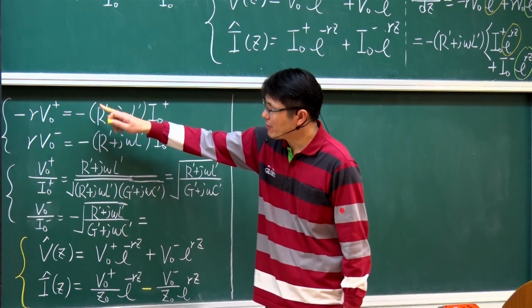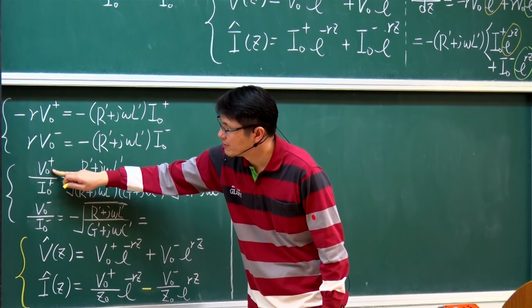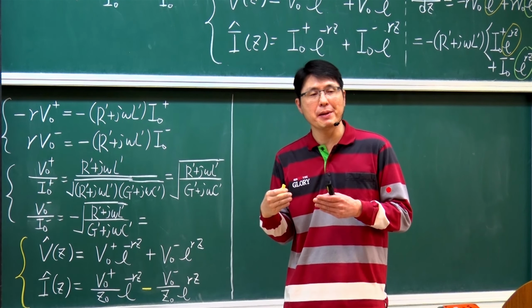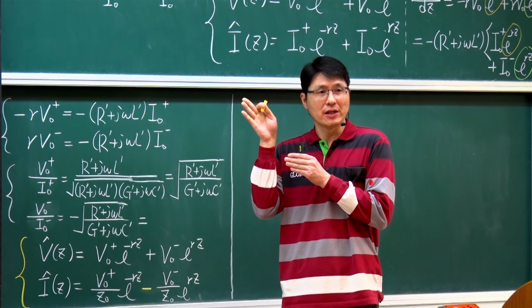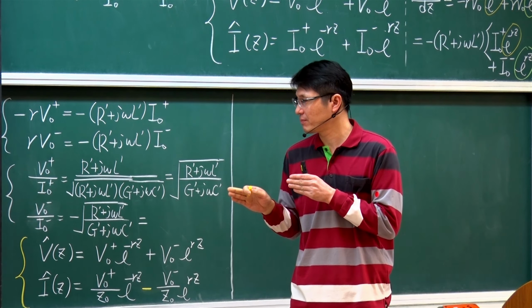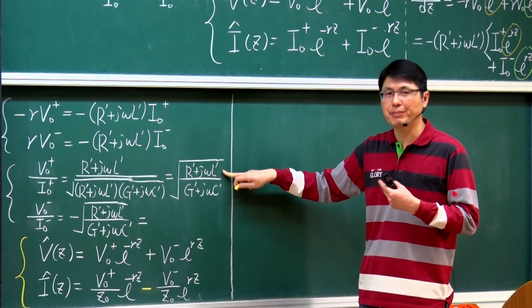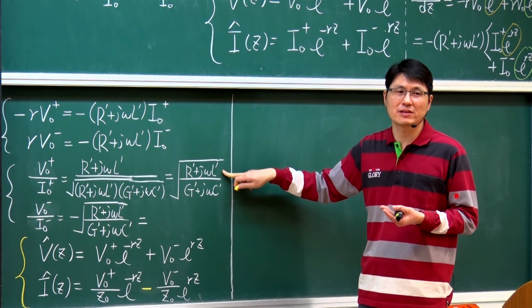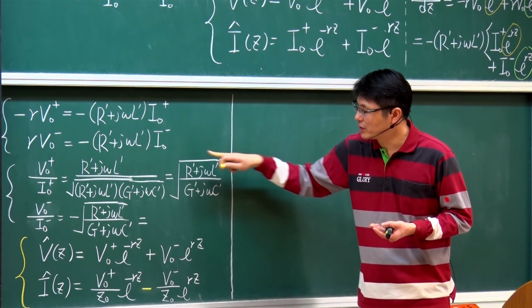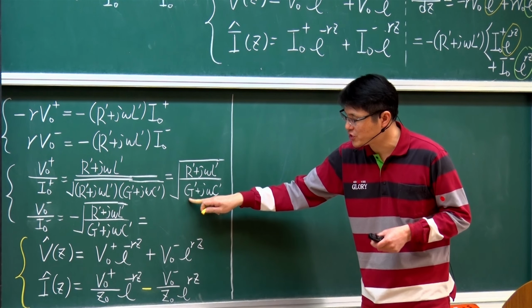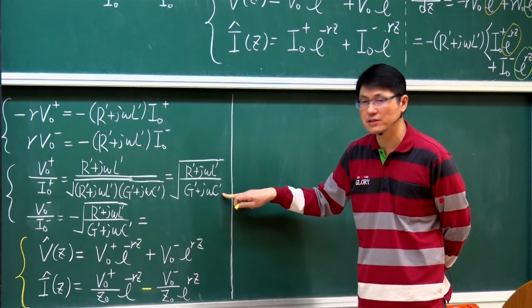So from this, V0 plus divided by I0 plus should be my forward propagating characteristic impedance. After some messy derivation, I have a pretty nice result: square root of R prime plus j omega L prime divided by G prime plus j omega C prime.